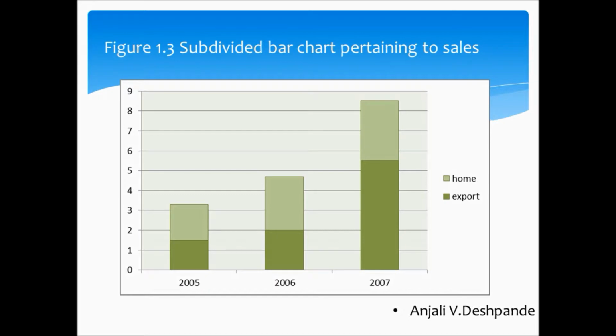So here you can see that the bars have been subdivided, and there is color coding to show what the sales in millions of rupees were on the home ground, and what the sales in millions of rupees were pertaining to the export of that particular company.